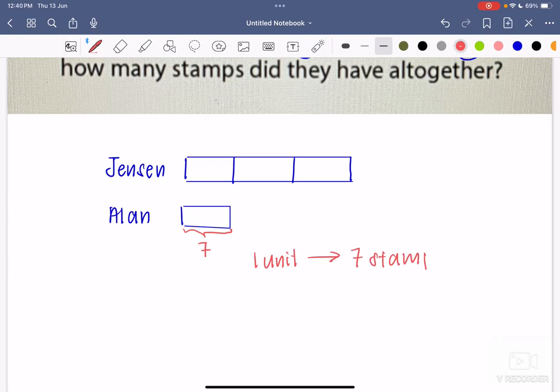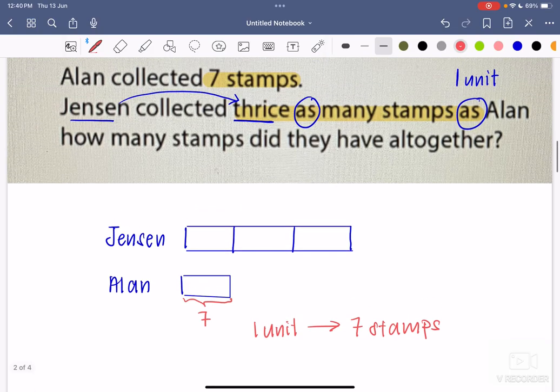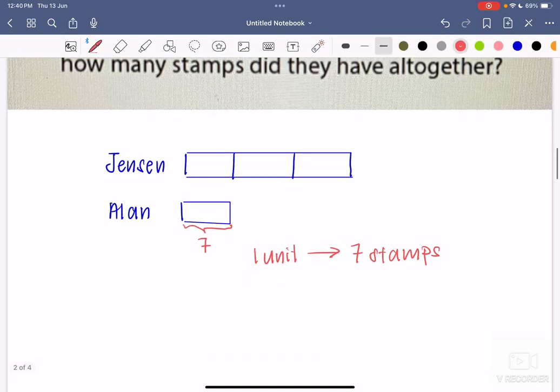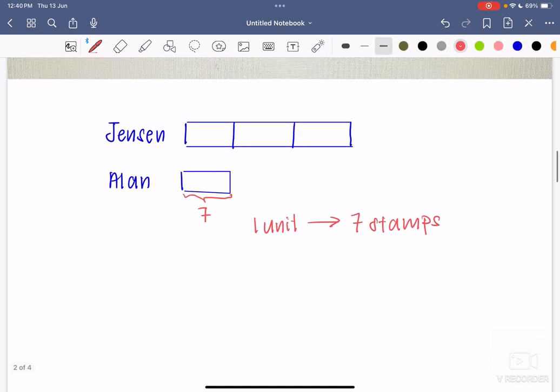Go back to the question. How many stamps did they have all together? All together means 1, 2, 3, 4. These 4 units, we need to know how many stamps there are.